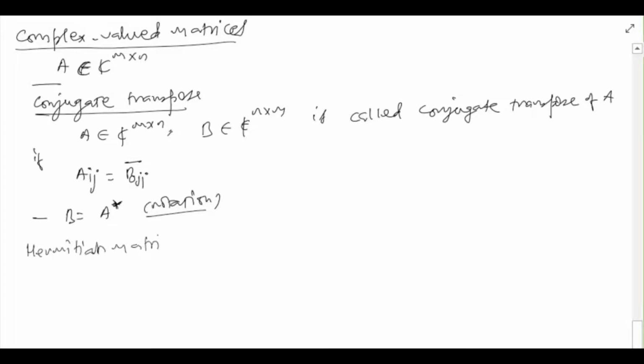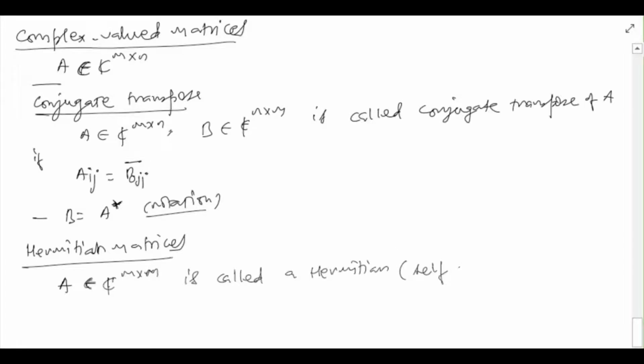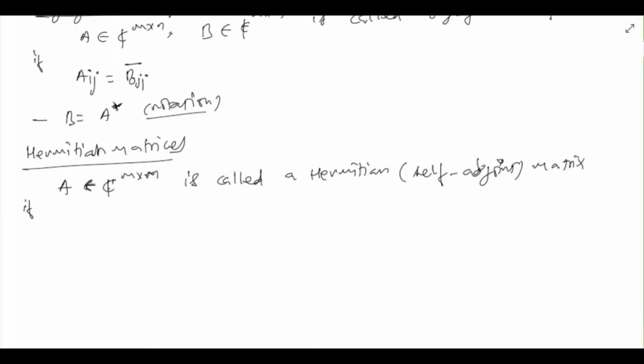A square complex valued matrix is called Hermitian, or often called self-adjoint matrix, if conjugate transpose of A is same as A, that is, if A star, which is nothing but complex conjugate of transpose of A, is equal to A.